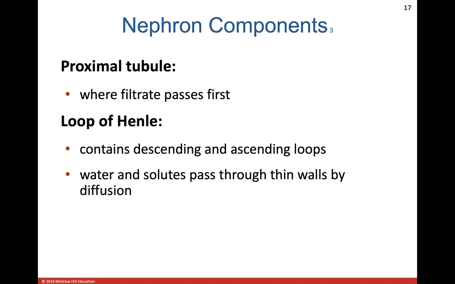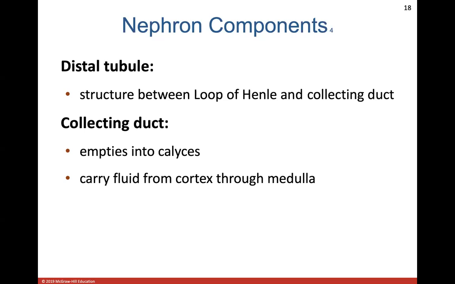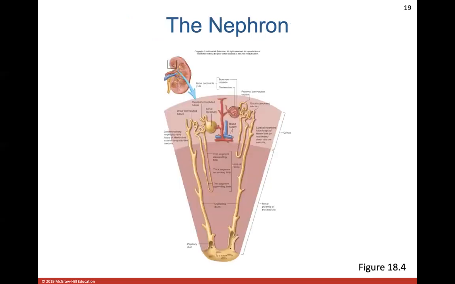During this loop, water and solutes will pass through thin walls by diffusion, either into or out of the filtrate. The distal tube is the next structure in the nephron. It's the structure between the loop of Henle and the collecting duct. And then the collecting duct is what empties into all the calyxes. It carries fluid from the cortex through the medulla and eventually to the calyxes, to the renal pelvis to get that waste, that urine, out of the kidney.